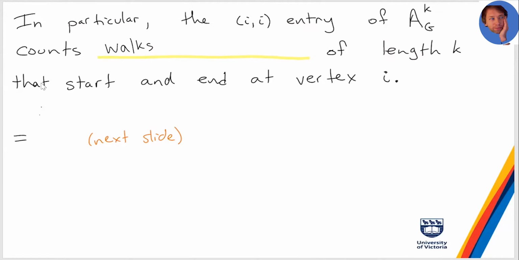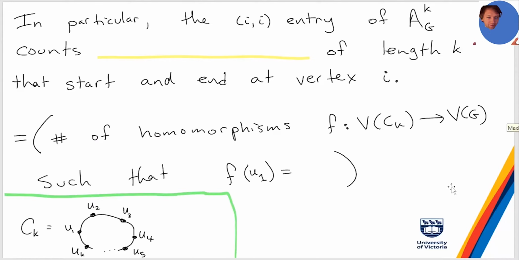But think about what a walk of length k that starts and ends at vertex I is. Well, it's basically a cycle, but it might not be a cycle because it might reuse some vertices. Actually, it's a homomorphism of a cycle into the graph, rooted at vertex I. Suppose I denote the vertices of the cycle as u1, u2, up to uk.